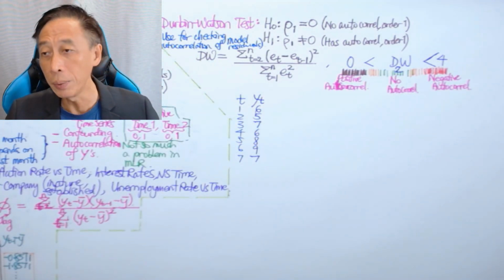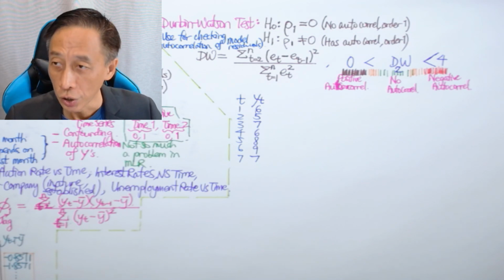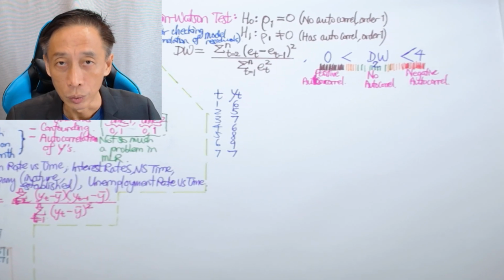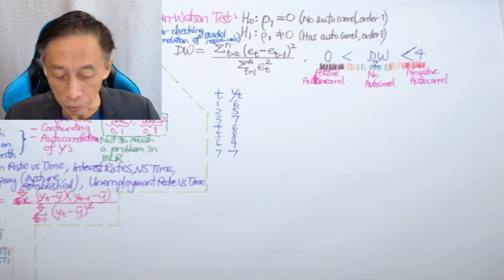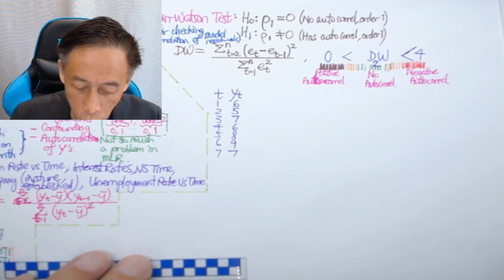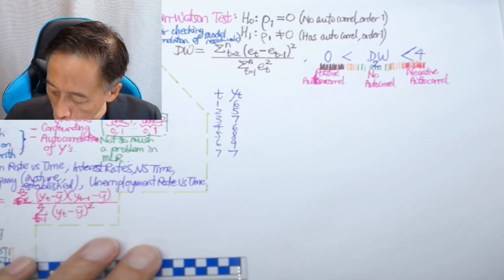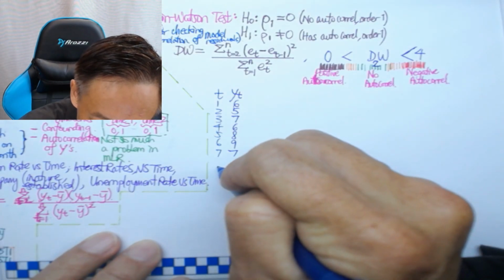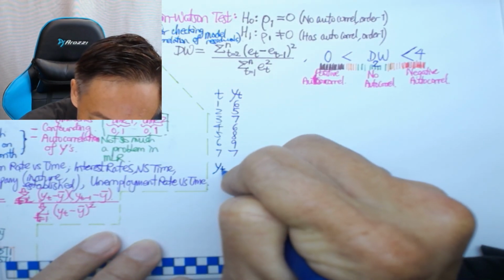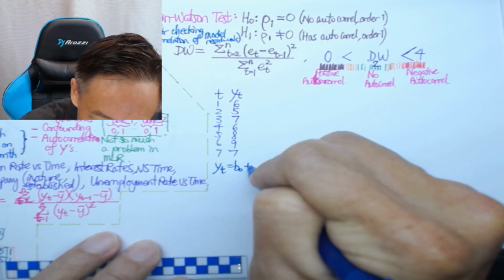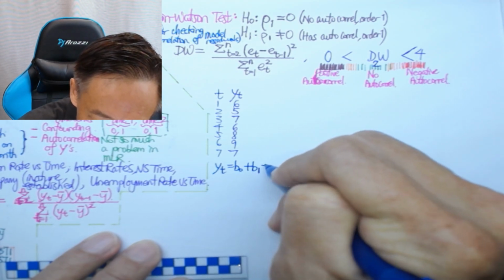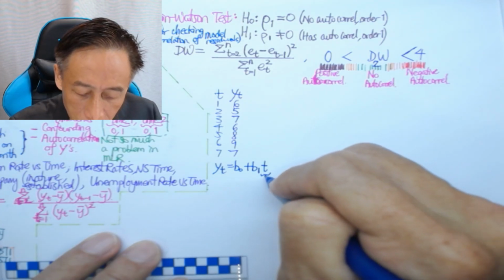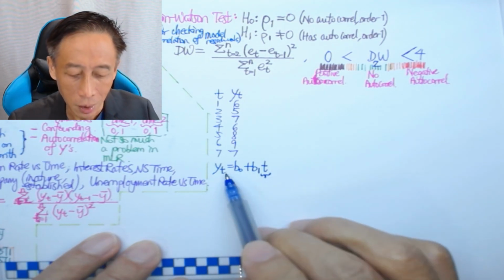Okay, now suppose we just do the usual linear regression, in this case, simple linear regression, right? So our intention is going to be Yt is equal to b0 plus b1 times t, right? So using t to explain Yt.